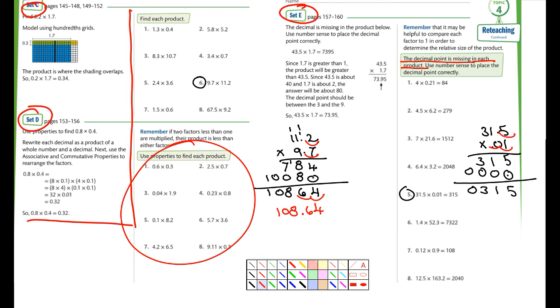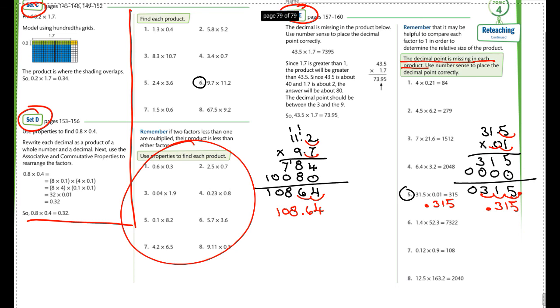And another one for 3. So one, starting right here, 1, 2, 3. So the answer is 0.315. So it's kind of hard to show that, but it'd be 0.315. All right.